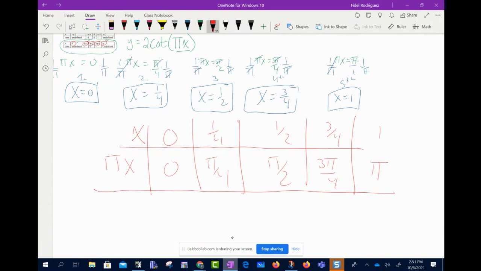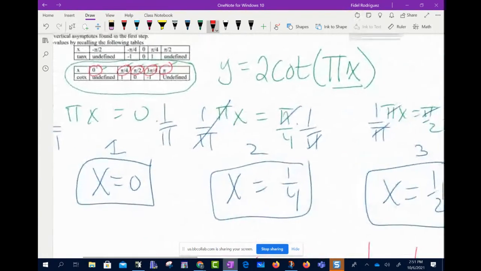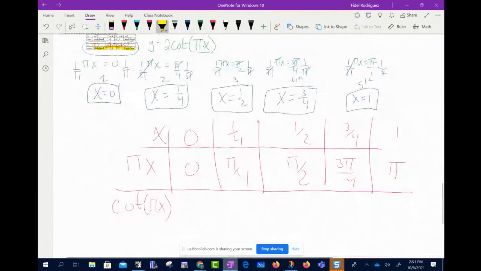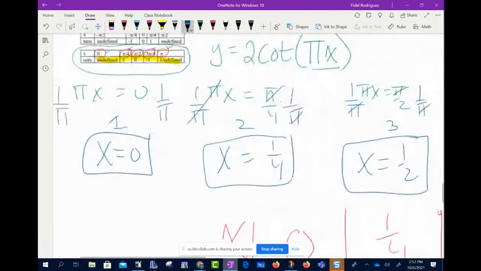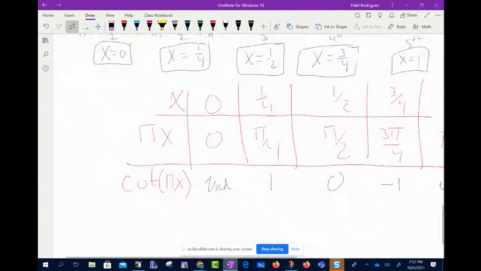And then now we're looking at the cotangent of pi x. So remember what I'm going to do. I'm going to be looking at writing these values right here. So that's going to be undefined, 1, 0, -1, and undefined. And then what number did we have in front? 2.